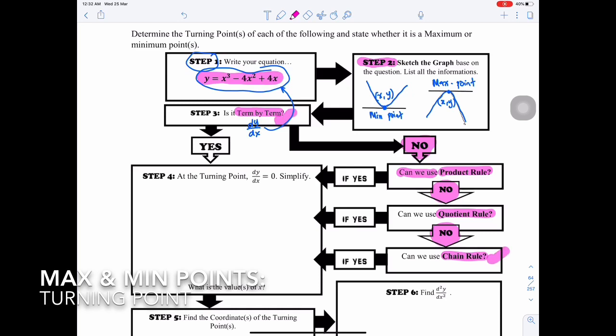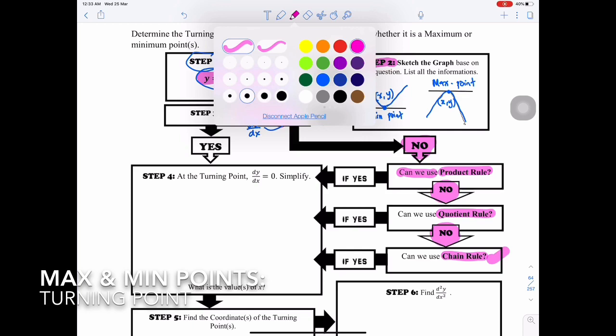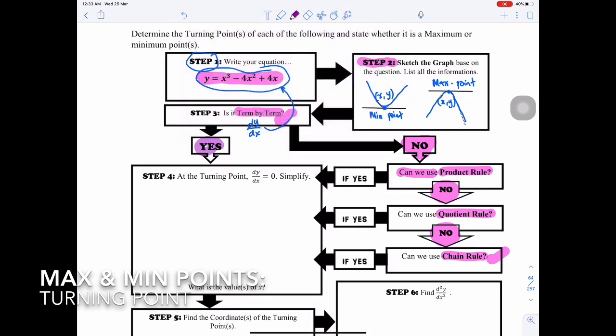Let's continue. Let's say yes, it is term by term. So here step 4 tells you at the turning point, which is the maximum and minimum point, or the lowest or the highest point of the curve, please remember dy/dx is equal to 0.